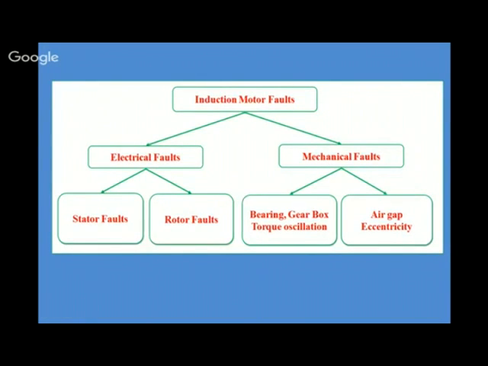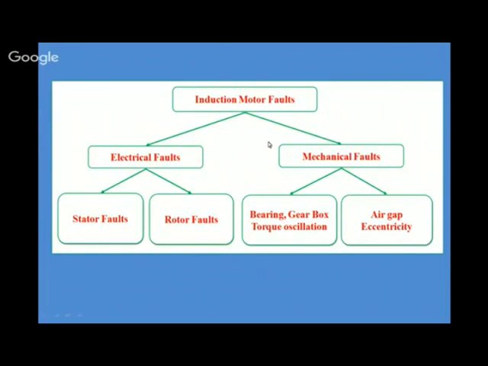Now we will classify the different faults of induction motors. First we have electrical faults, which can be divided into stator fault as well as rotor fault. Stator fault can further be divided into winding faults or external faults, and rotor faults can be divided into the breakage or the cracks in rotor.